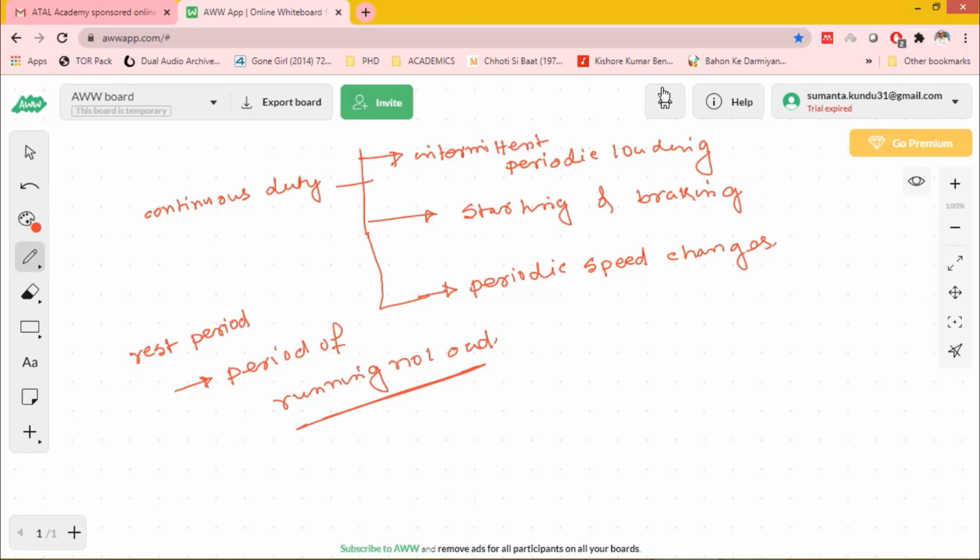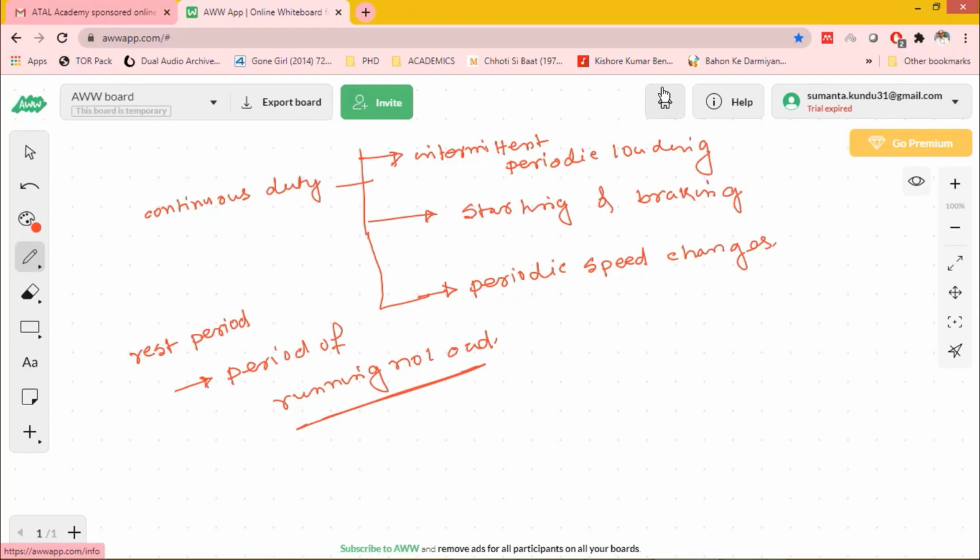That means its duty cycle consists of a period of running at a constant load and a period of running at no load with normal voltage. Again it will repeat, the load period and no load period.